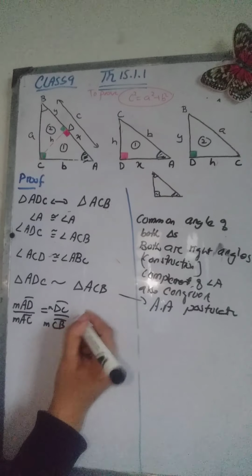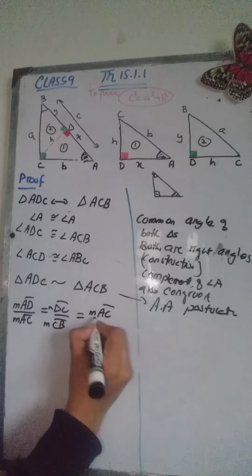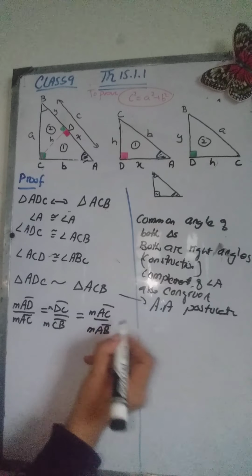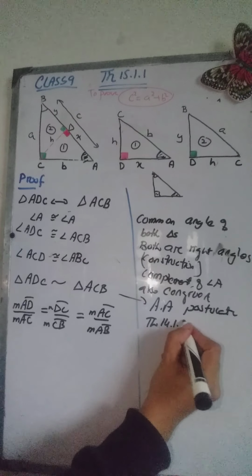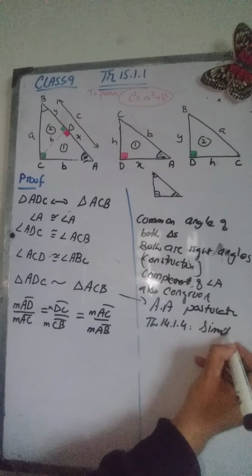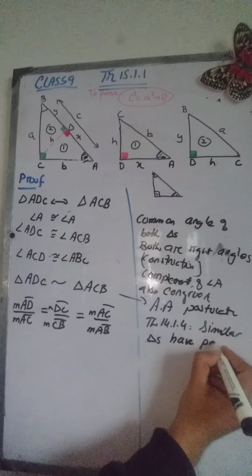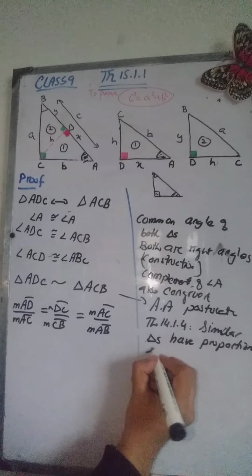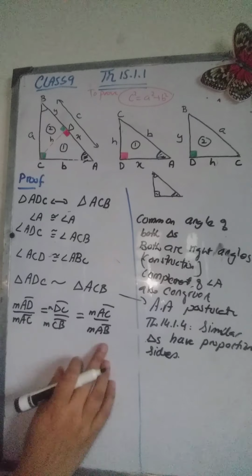DC over CB will be equal to AC over AB. This is because of theorem 14.1.4. It states that similar triangles have proportional sides. If two triangles are similar, the ratio between their corresponding sides will always be equal, and this is called proportionality.